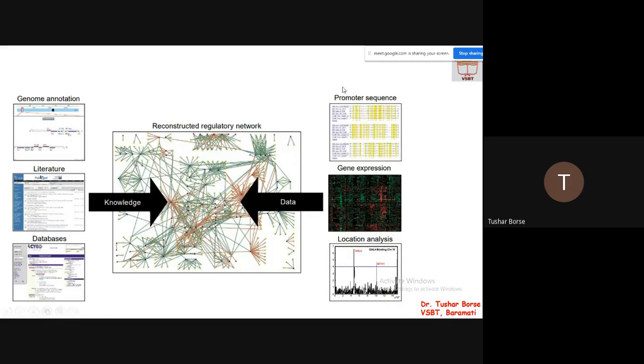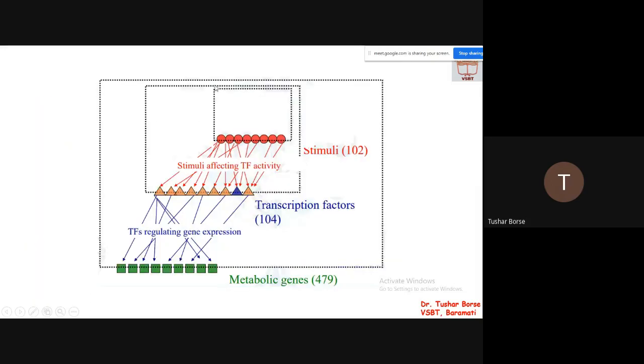It could be your promoter sequence, gene expression data sets, or location analysis, the different types of genomics, proteomics, transcriptomics, metabolomics, you can obtain all types of data. So you combine the data and the knowledge which is available, and you can get this regulatory network. So this is how you can go for the regulatory network system.